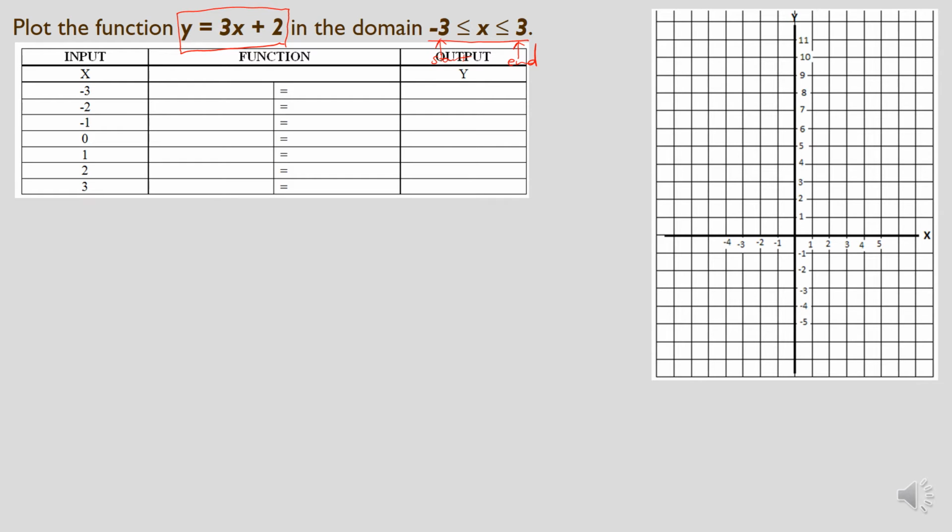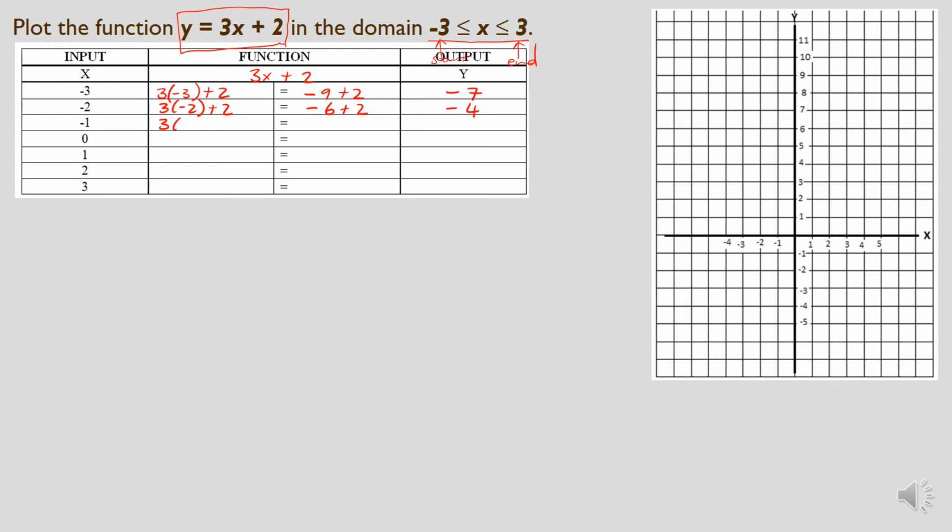So you would complete a table like this, or indeed use the table function on your calculator, which we saw when we did functions. Okay, so 3x + 2, we'll just do a few of these. When the input, which is x, is -3, we get -9 + 2, which is -7. When the input is -2, we get -6 + 2, which is -4.